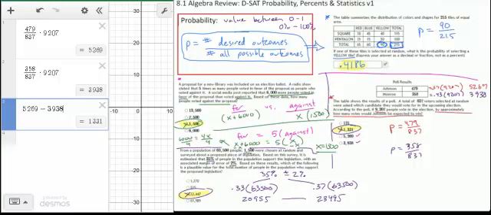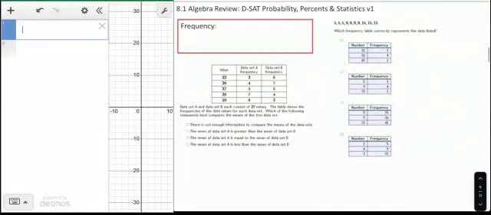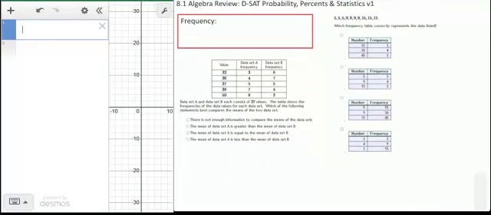All right. So that's dealing with probabilities and percentages. It's under the topic of working with data and problem solving. All right, the next thing that I want to talk about has to do with statistics.